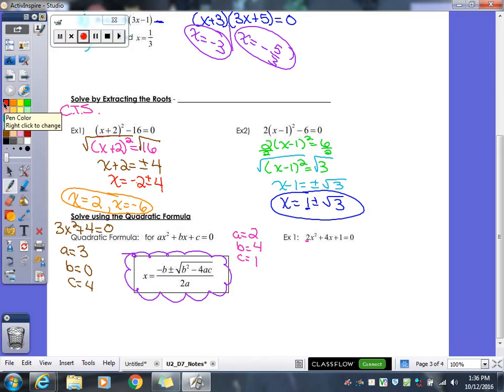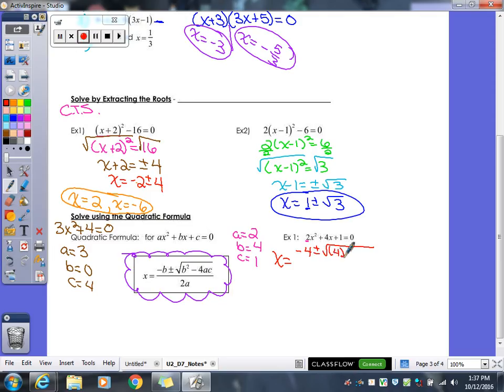So let's go ahead and plug into our formula. You don't have to keep writing the formula every single time, but when you're working on your homework, I recommend at least writing it once up on the top of your paper so you can always look back at it. So we start with negative B, so that just means change the sign value of our B. My B is a positive, so I'm going to make it a negative 4. Plus or minus.